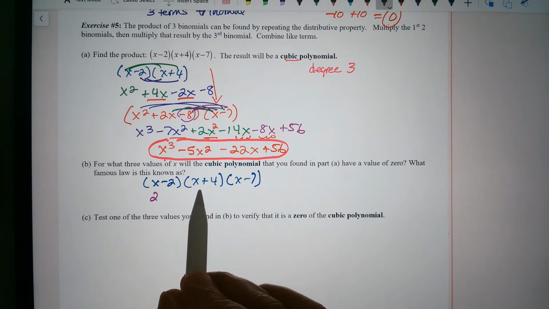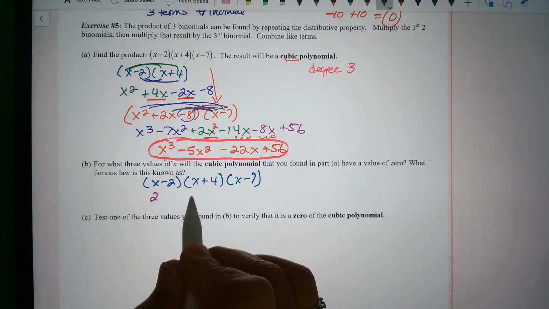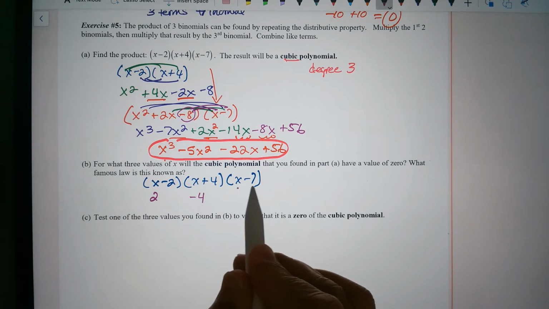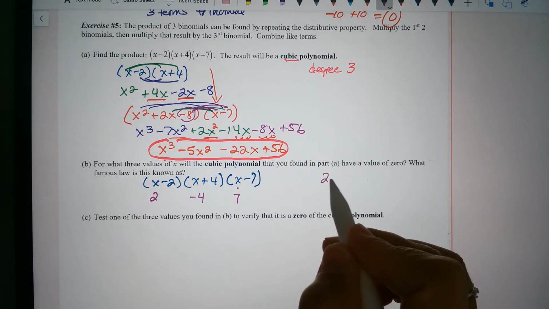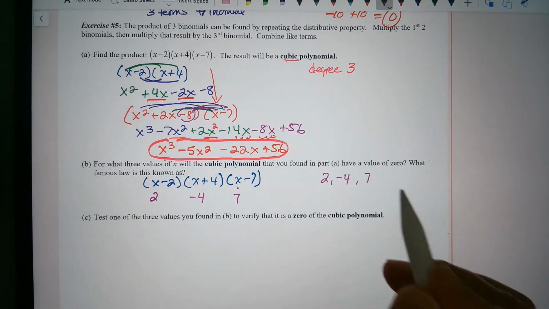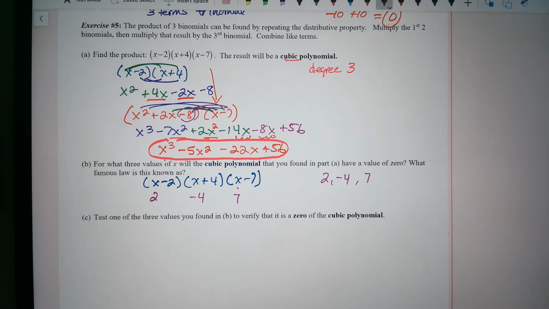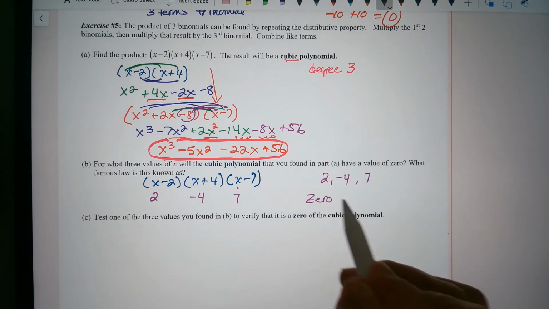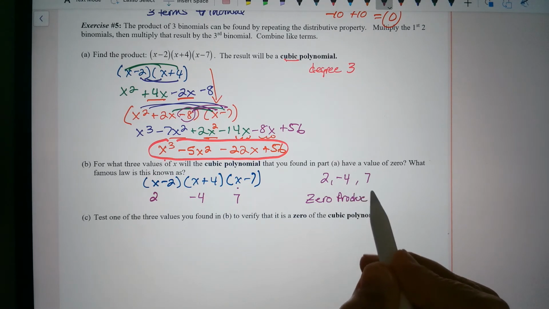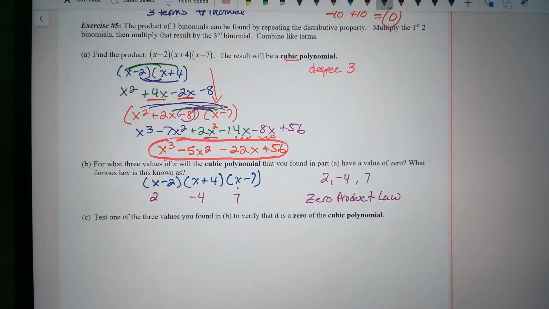What plus 4 would result in 0? Negative 4. And what subtract 7 would result in 0? 7. So 2, negative 4, and 7 are the three values of x that would result in 0. This is called the zero product law. Because recall, anything times 0 is going to result in 0.